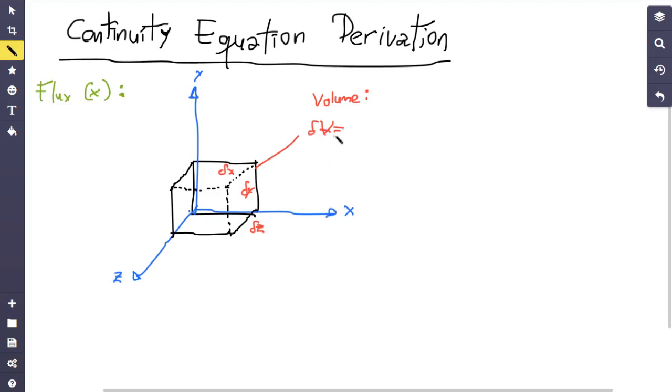So our infinitesimal volume, which is this V with a line here, will be equal to delta X times delta Y times delta Z. Its length in the X direction is delta X, in the Y direction it's delta Y, and in the Z direction it's delta Z. Here I made it simpler with Cartesian coordinates, but you can do this for other types of coordinates, but this is usually more straightforward.